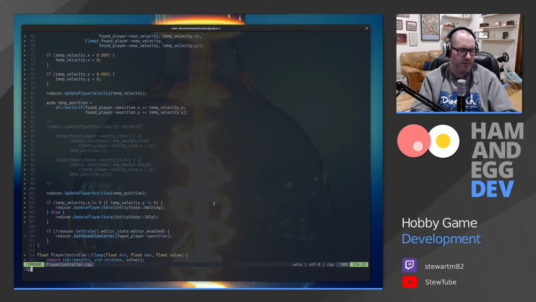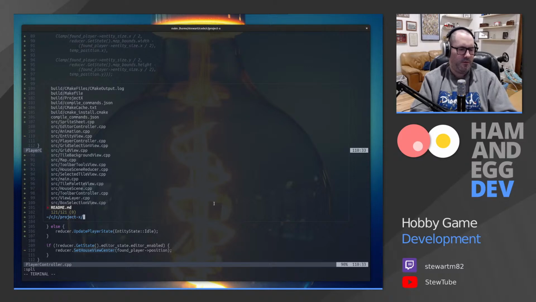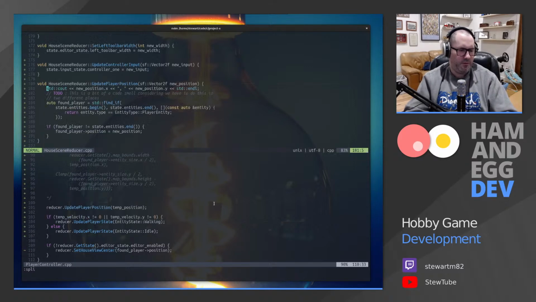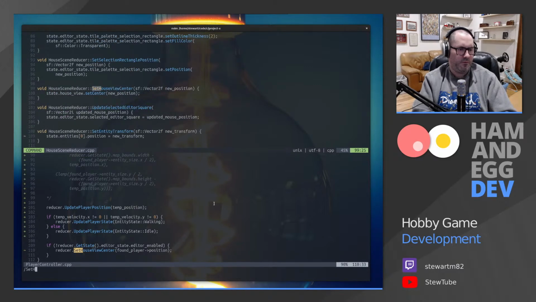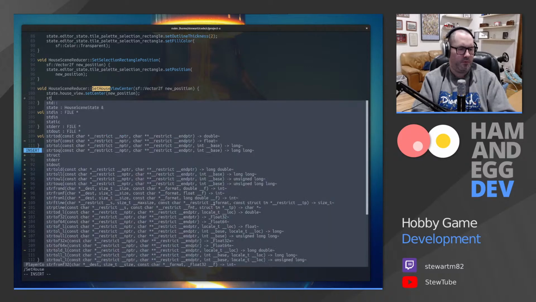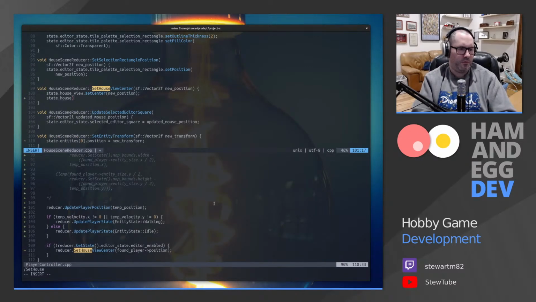Set house view center. House scene reducer. Does that move?